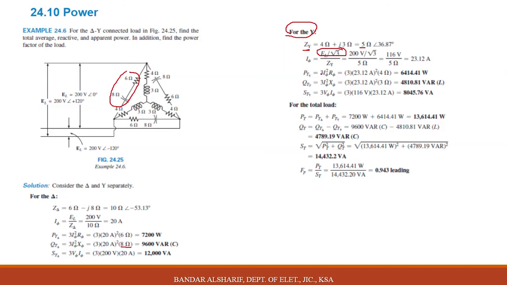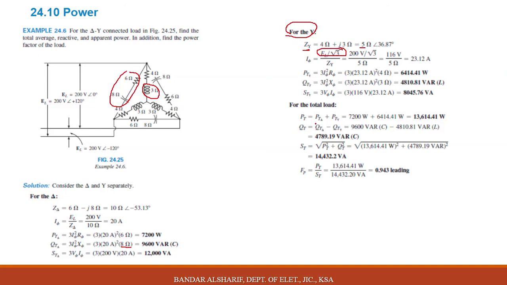Now we can multiply 3 I squared by R: 3 by 23 squared, multiplied by 4, around 6,400. Reactive power is similar, but multiplied by 3 since the inductor is 3 ohm, and the apparent power is 3 by V phase I phase, you will get the answer.